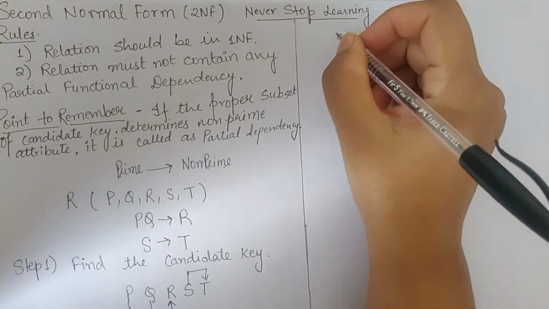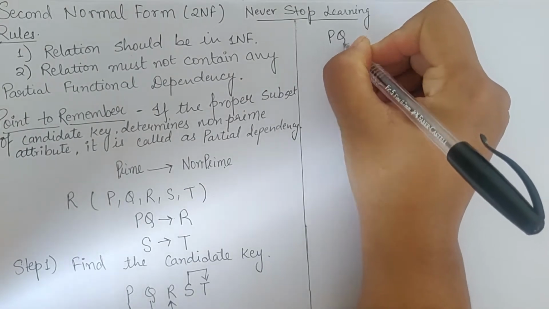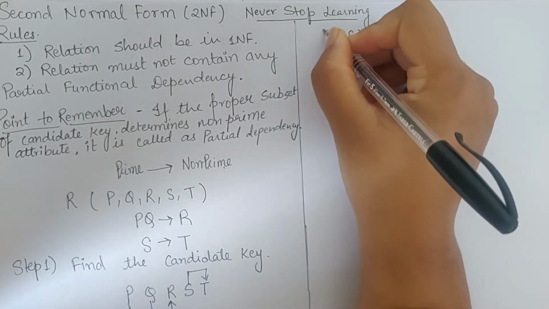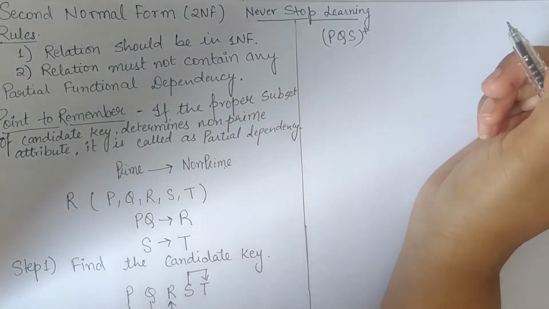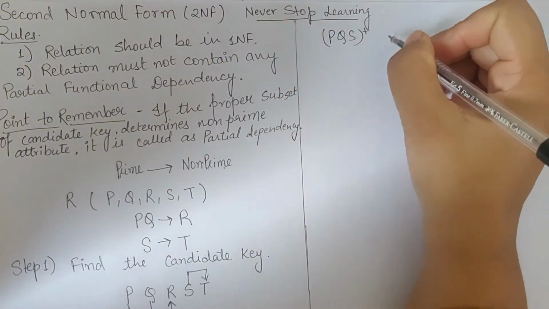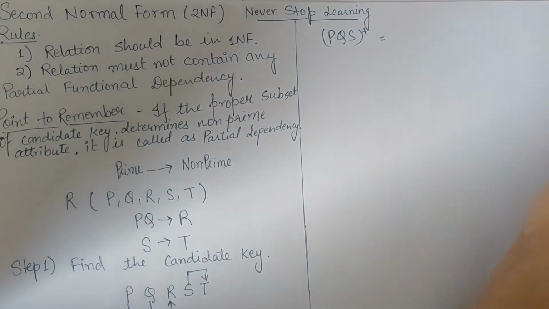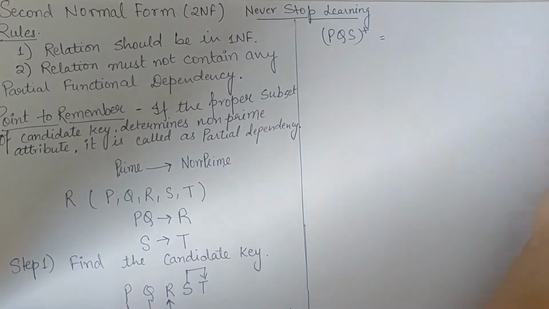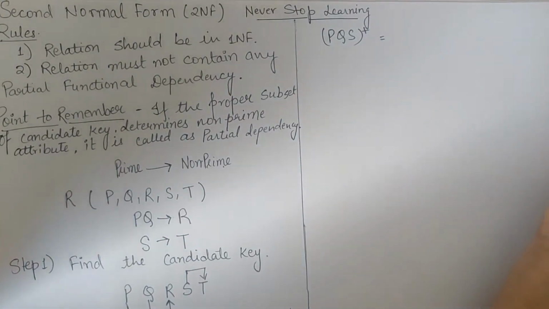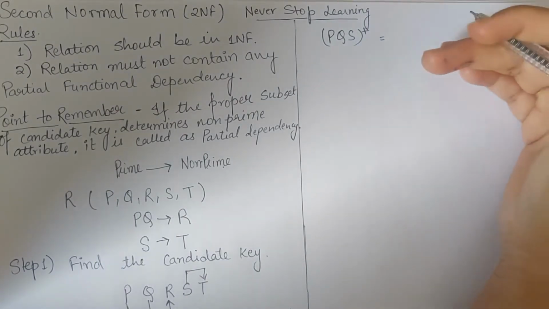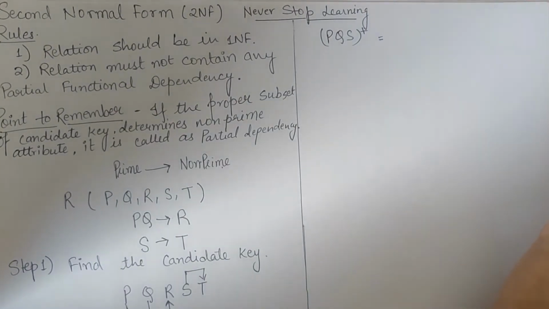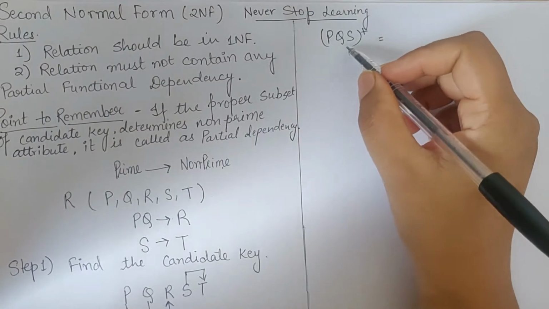I have to find out the closure of P, Q and S. Closure of P, Q, S. How to find out closure, I have also discussed in great detail with so many examples. So if you have not gone through those videos, please see those videos, otherwise you will not understand what's happening here.